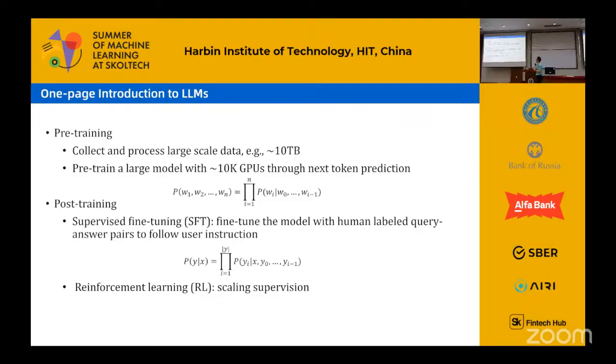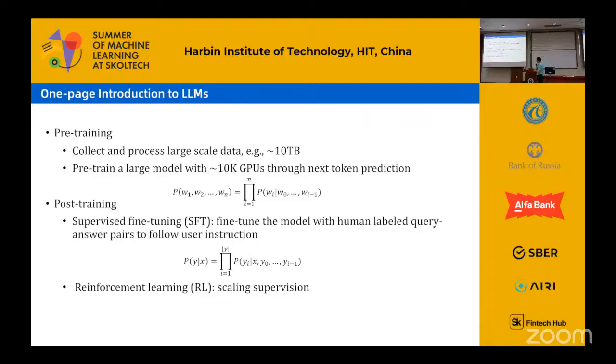For post-training, especially supervised fine-tuning, we need to fine-tune the model with human-labeled data: given a query or a user prompt, what should be the right answer, or a good answer, to that input?